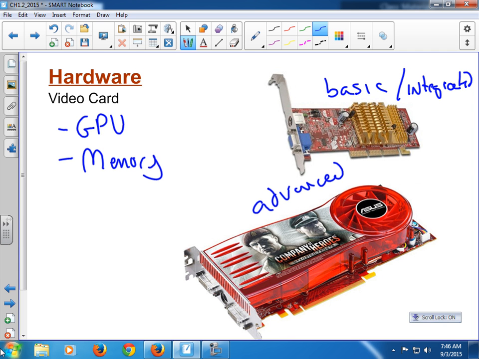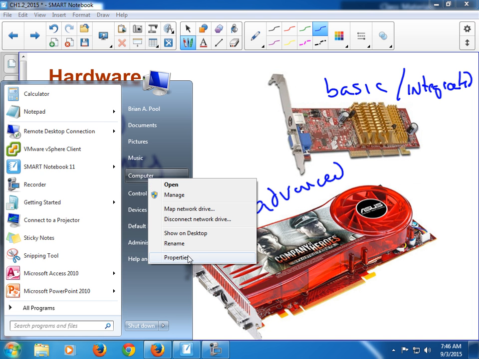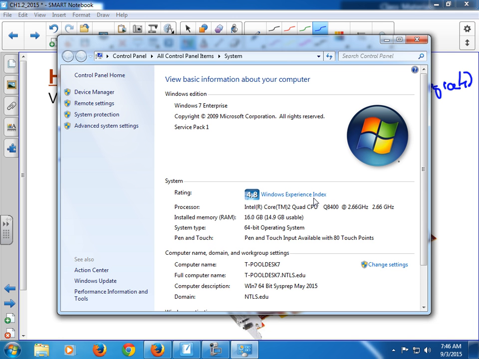Okay? So oftentimes when I look at the properties on a PC, it will say how much installed memory there is, and then it'll say it's got so much memory, and then only so much of it is usable. Okay? And why would these numbers be different? This number is different on my PC because my video card, unbeknownst to me, because I haven't looked, is stealing memory from my CPU.